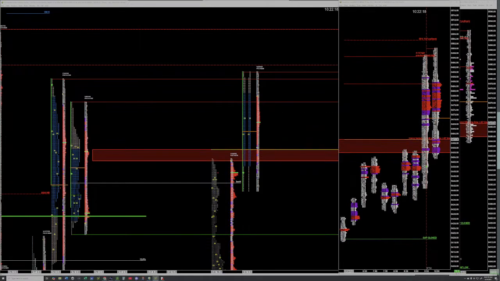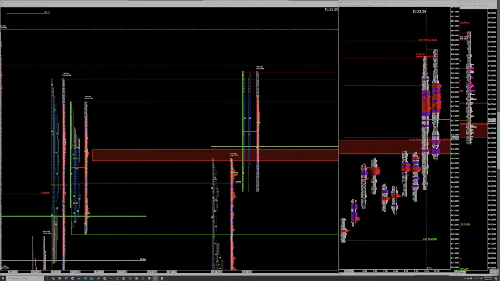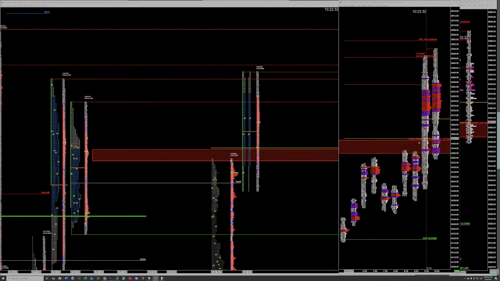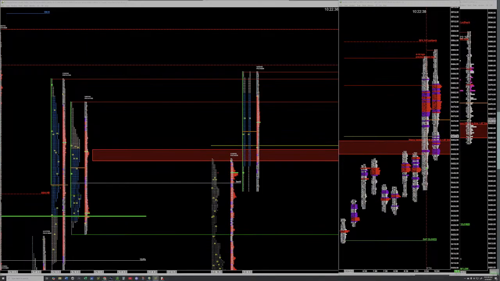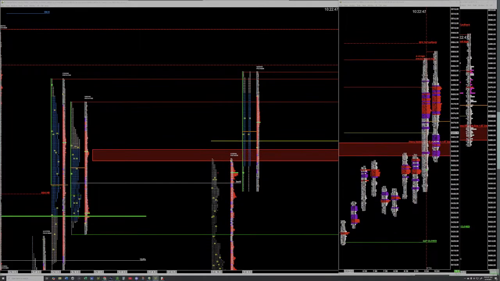You have a little bit of volume coming here, so we have volume to squeeze and work on. This can be quick to the upside here.